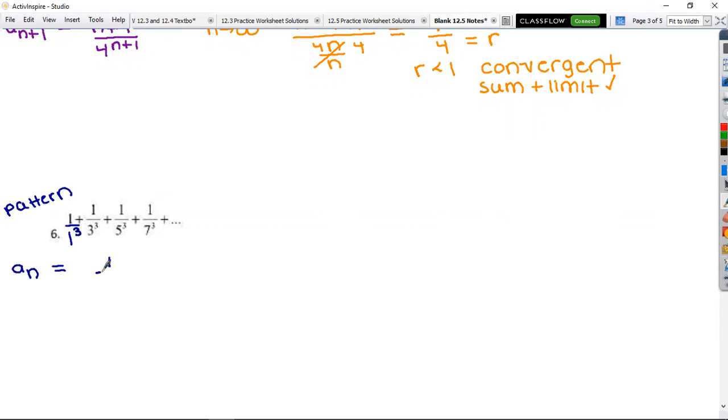What about the bottom? 1, 3, 5, 7 are odds. Good. And it's going to be odds cubed. And they start at 1. So this odd notation is the one where we did 2n minus 1. And that's cubed.